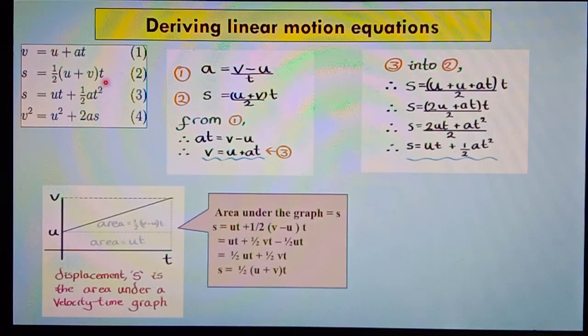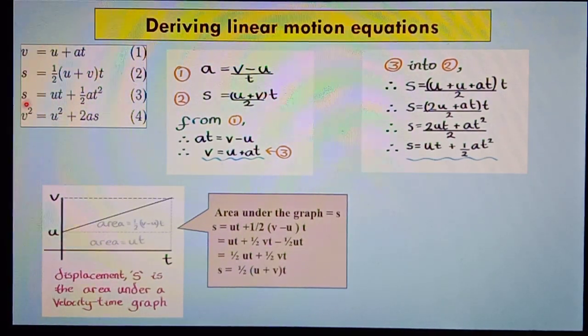So you substitute v equals u plus at. Meaning v, you substitute with u plus at, and then simplify. Then you get s equals ut plus half at squared. This is the third equation for linear motion.